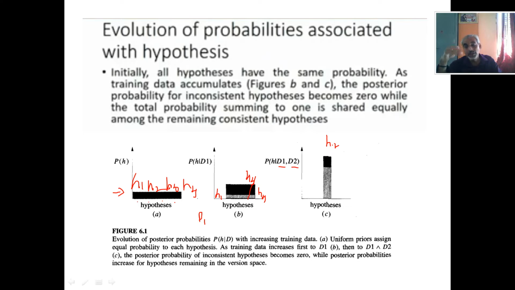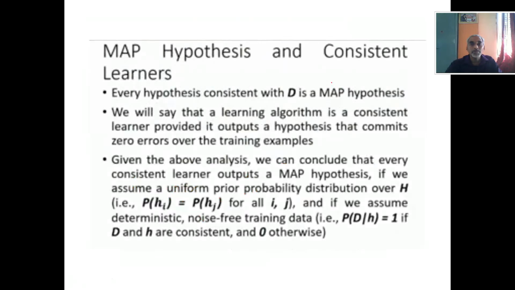Whichever are not, it keeps on decreasing. Initially we don't know anything, so we just assume all the hypotheses have the same probability. Then we start collecting the data points, and with respect to those data points, when you calculate the probability, you can see that the posterior probability increases for those hypotheses which are consistent. That is how we can describe the evolution of our probabilities.